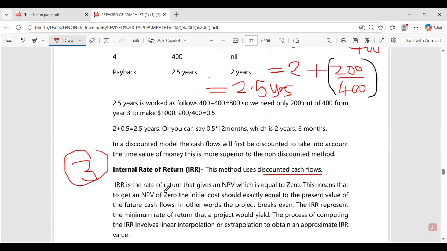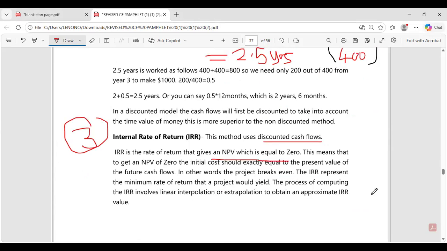Internal rate of return is the rate of return that gives the NPV equal to 0. This means to get an NPV of 0, the initial cost should exactly equal the present value of future cash flows. In other words, the project breaks even. The internal rate of return represents the minimum rate of return that the project would yield.